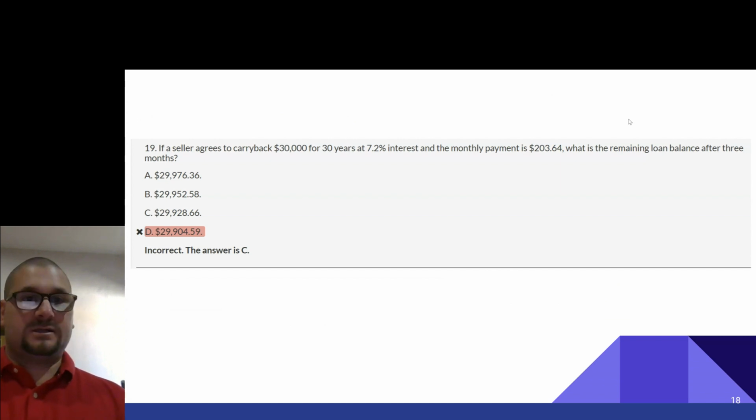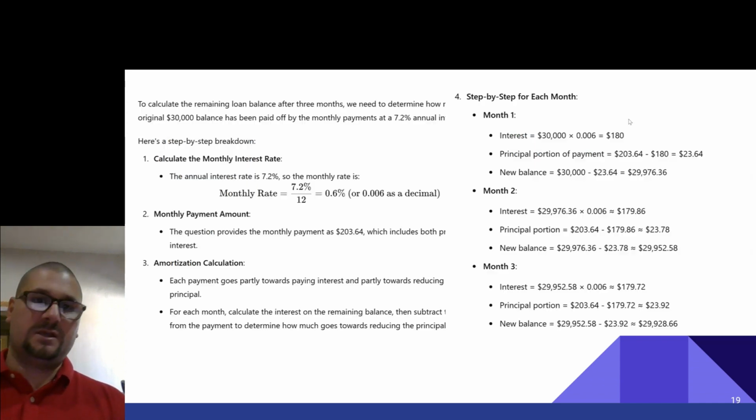So if a seller agrees to carry back $30,000 for 30 years at 7.2% interest and the monthly payment is $200, what is the remaining loan balance after 3 months? Charlie. Again, you take your yearly rate, 7.2%, and get it into months by dividing by 12.